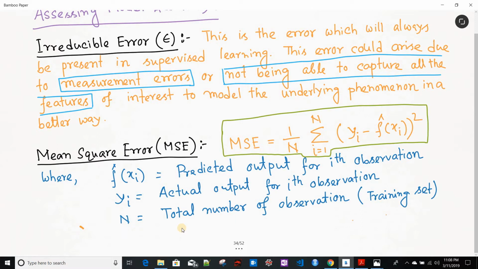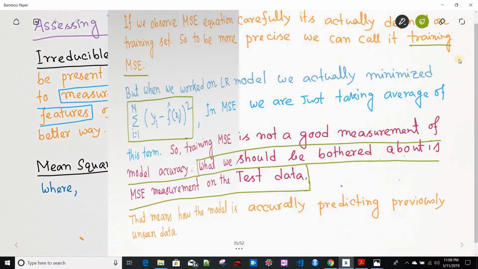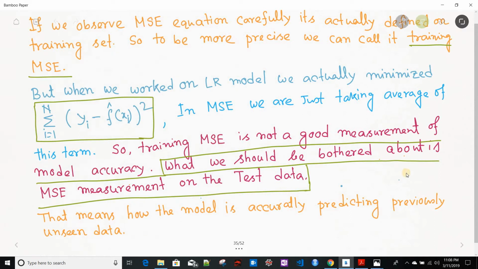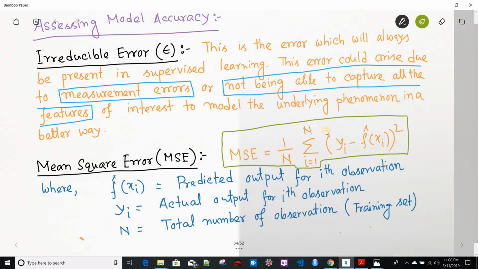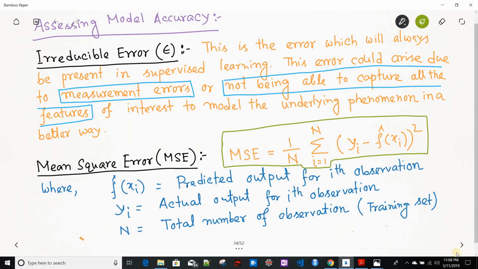That means the training set. Now if you see, there is an interesting thing that happens in the definition of MSE. If I go to the next page and carefully see the MSE definition, it's basically defined on the training set itself.